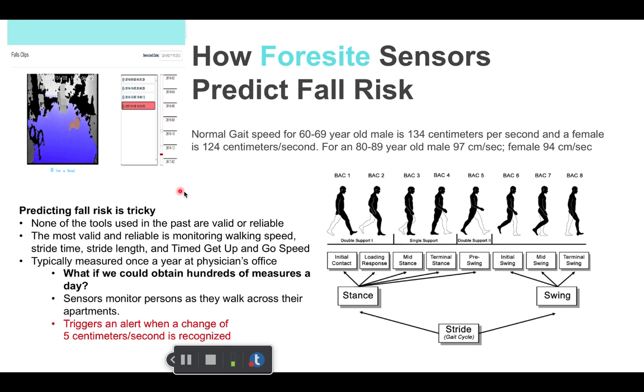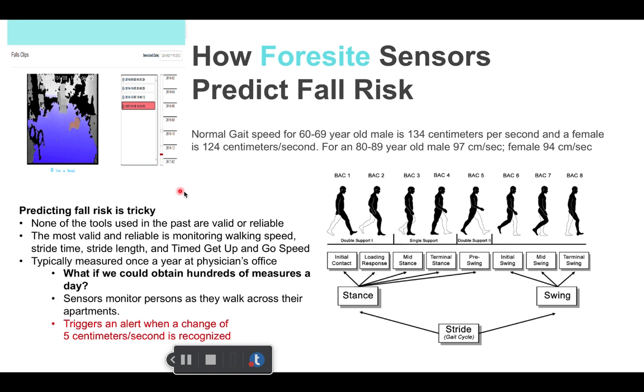And so if we can't get a really good, valid, and reliable walking speed assessment, it makes it more difficult to rely on that assessment when you're doing your fall risk routines and assessments.